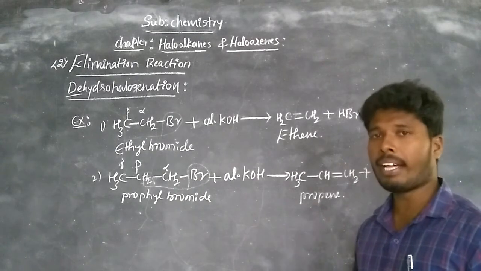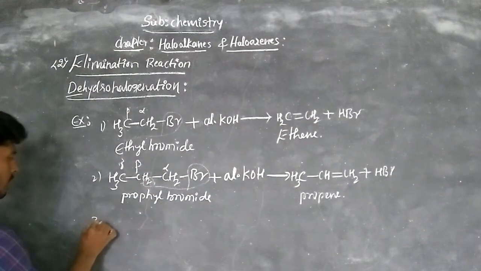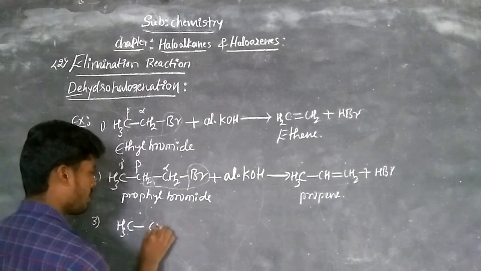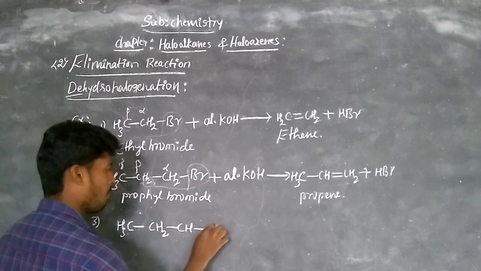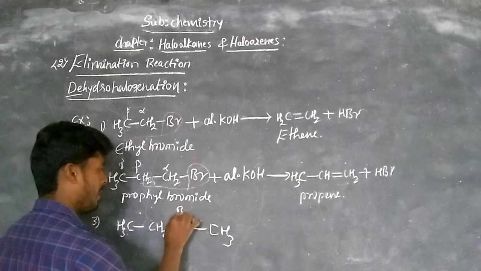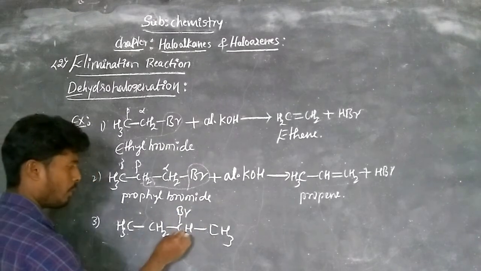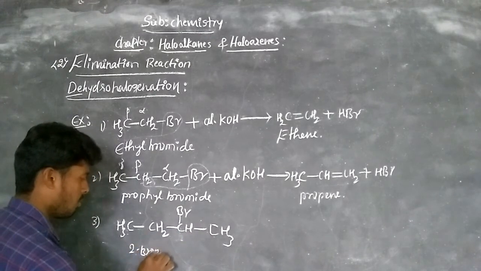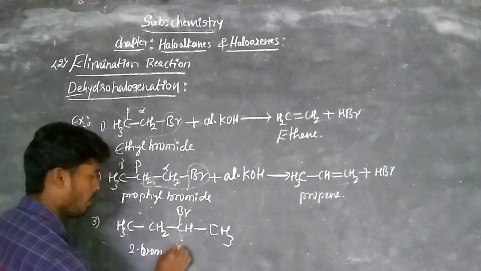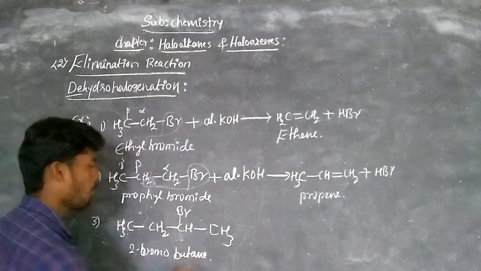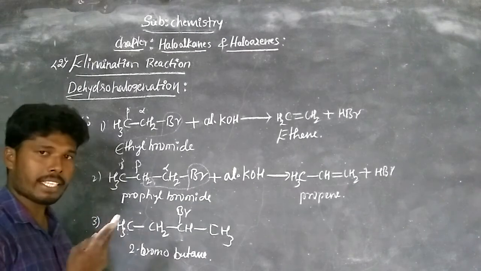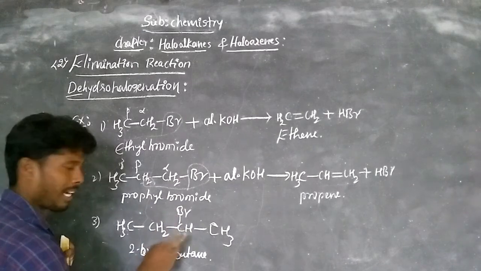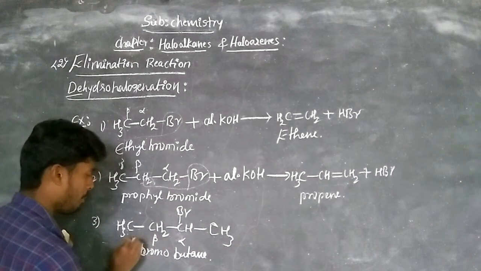If we take a secondary alkyl halide, for example, the third example, take CH3CH2CHBrCH3. What is its name? 1, 2, 3, 4, so it is 2-bromobutane. Observe, in this case there are 2 beta carbons. This is the alpha carbon because the halogen is directly attached to this carbon, and these are the beta carbon and gamma carbon.